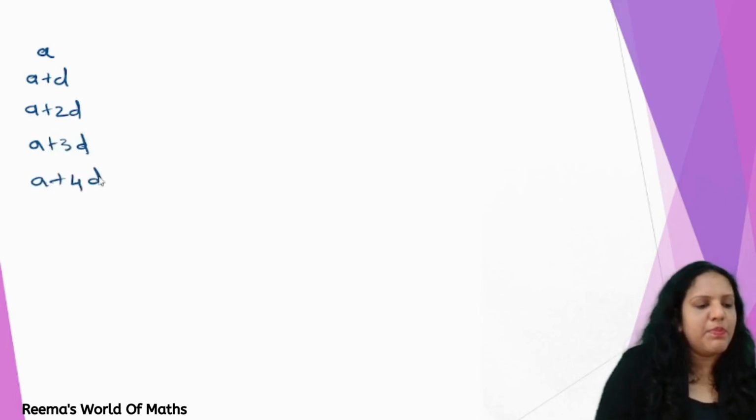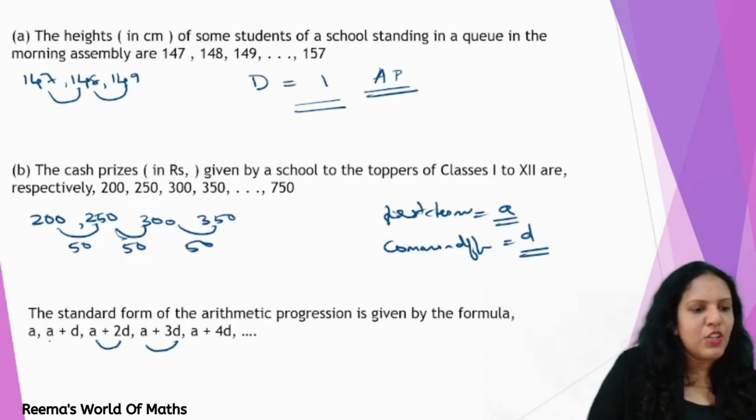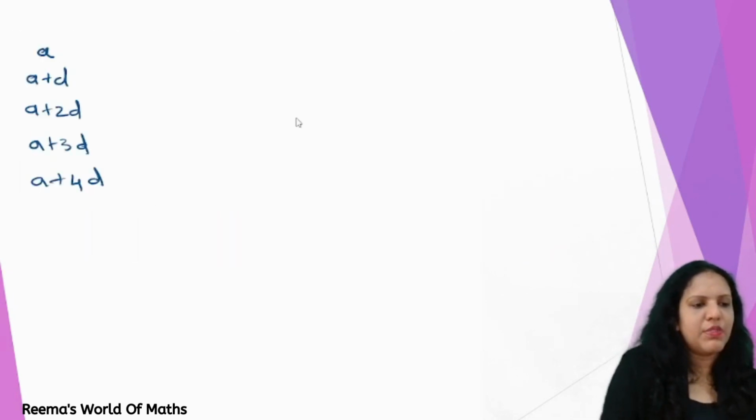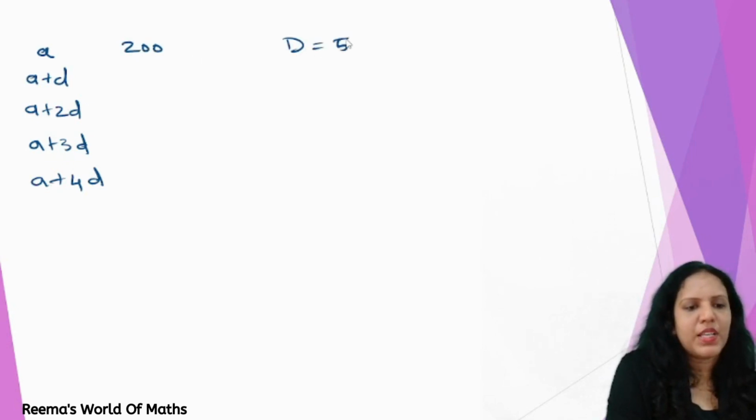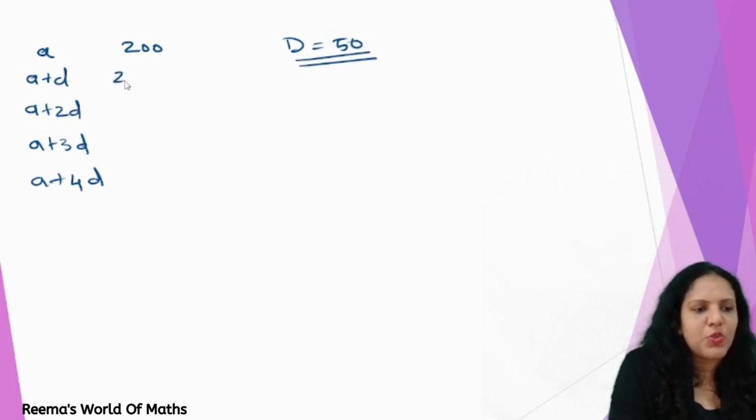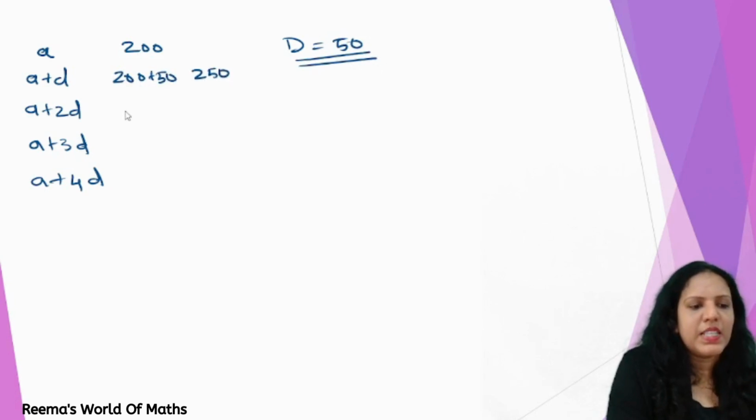Let's see the previous example given here, which is 200, 250, 300, 350. The first term was 200 and the common difference was 50. Correct? So the second term was 200 plus 50, which is 250, and the third term was 200 plus 2 times 50, which is 300. Correct?